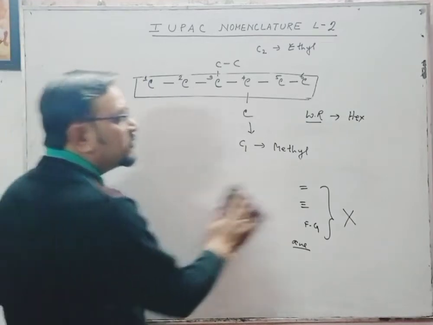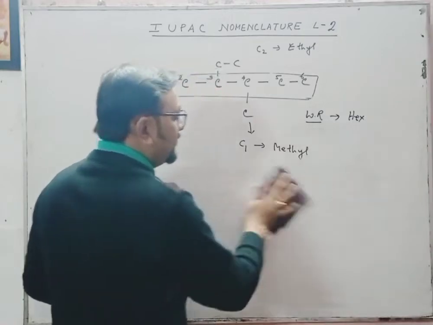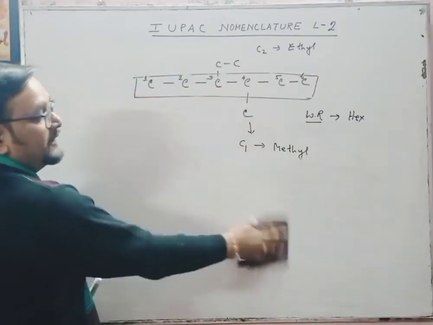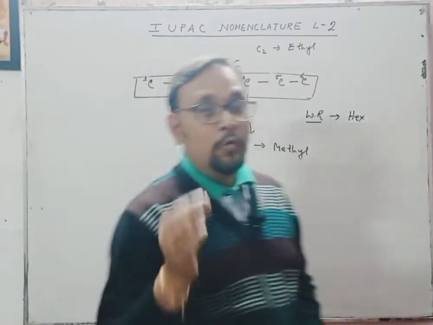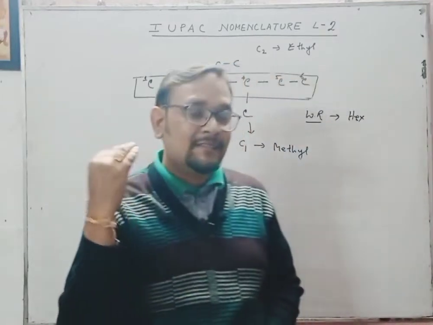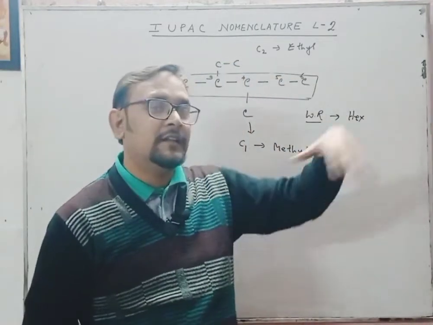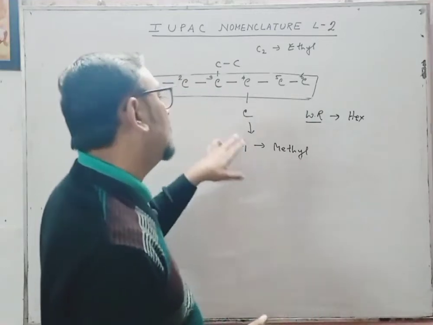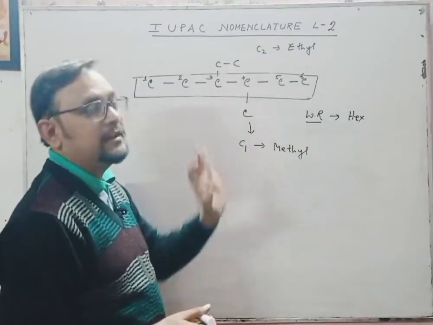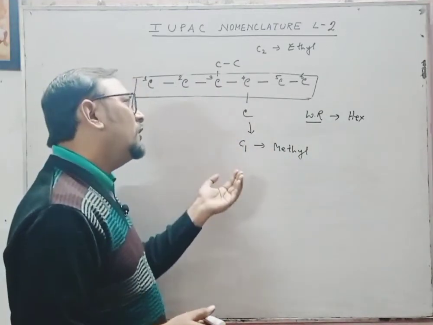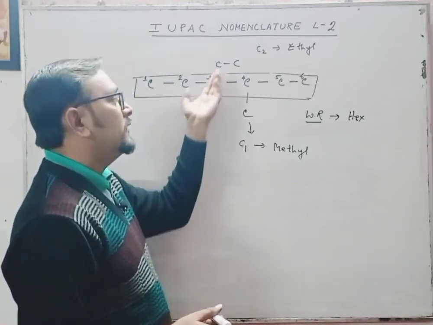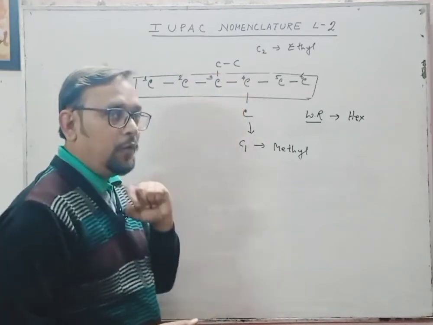Which substituent should I name first? Yes, again the same rule. Which substituent should I start the naming with? When I start the naming, should I start with the methyl group or the ethyl group? Should I start with this 3 or should I start with the 4?